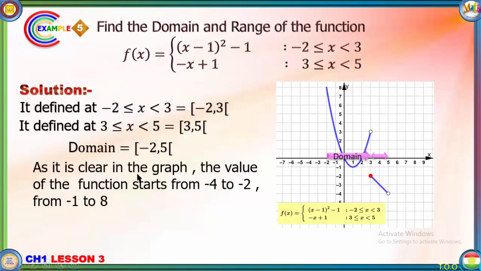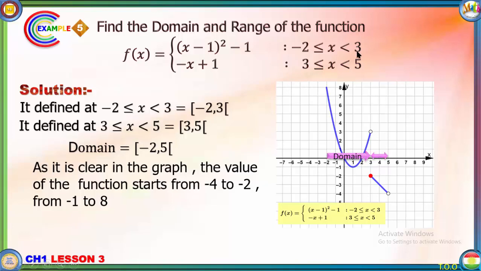As is clear in the graph, the values of the function start from -4 to -2 and from -1 to 8. Or you can get this if you replace x with -2 in (x minus 1) squared minus 1; you can see that the value of the function is 8.